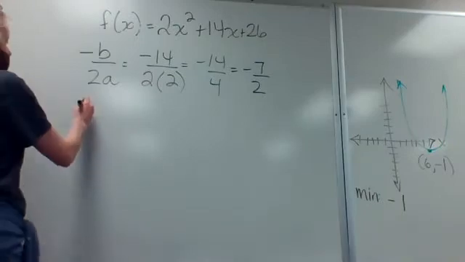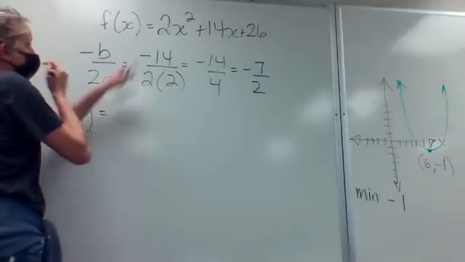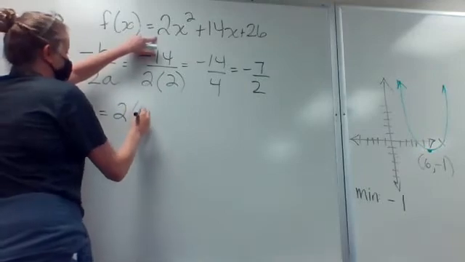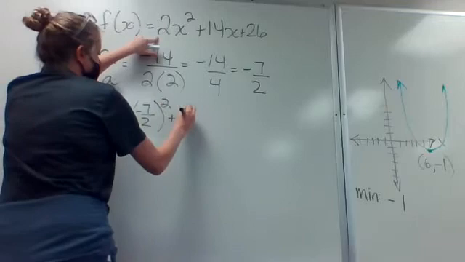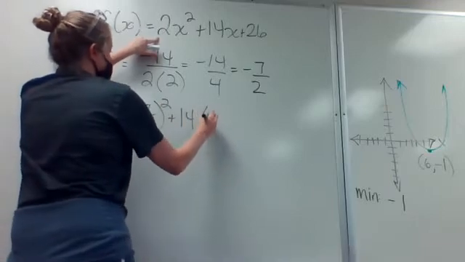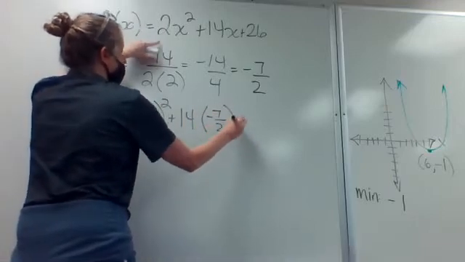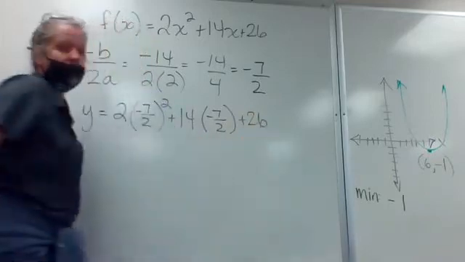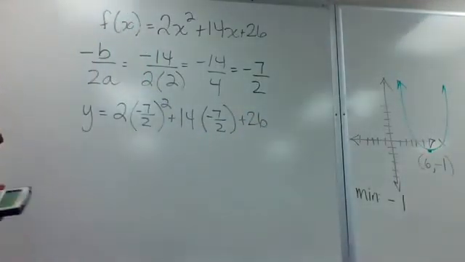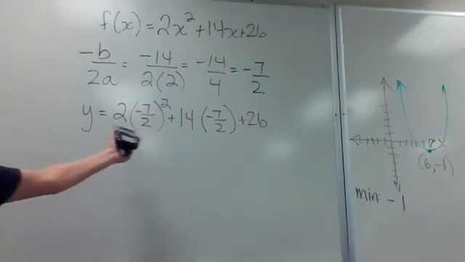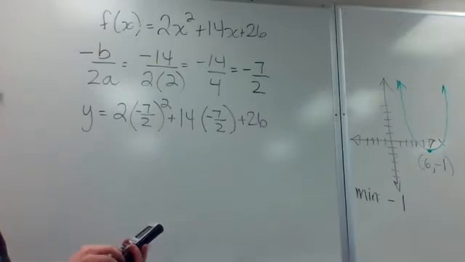Plug it in to find your y. So y equals 2 times (-7 over 2) squared plus 14 times -7 over 2 plus 26. Again, I'm not going to want to try to do that in my head, right? I'm just going to type in exactly what that says in my calculator.